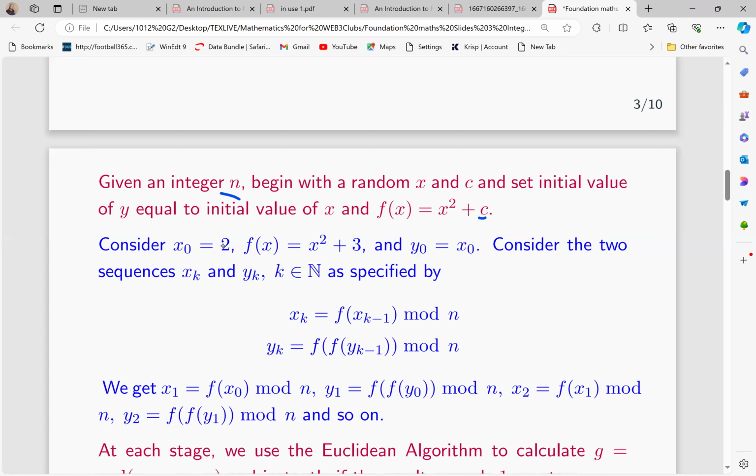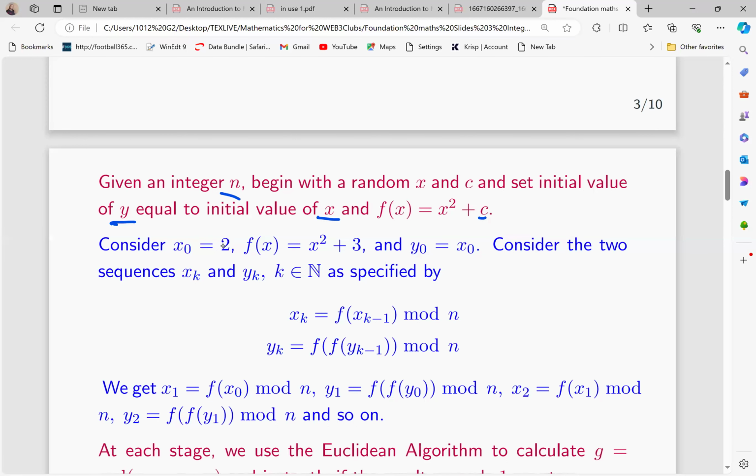The initial x, so I'm saying you are choosing an x, and when you choose the initial x, you also choose a y. The initial y and the initial x will be equal, but then they'll be varying as we proceed.